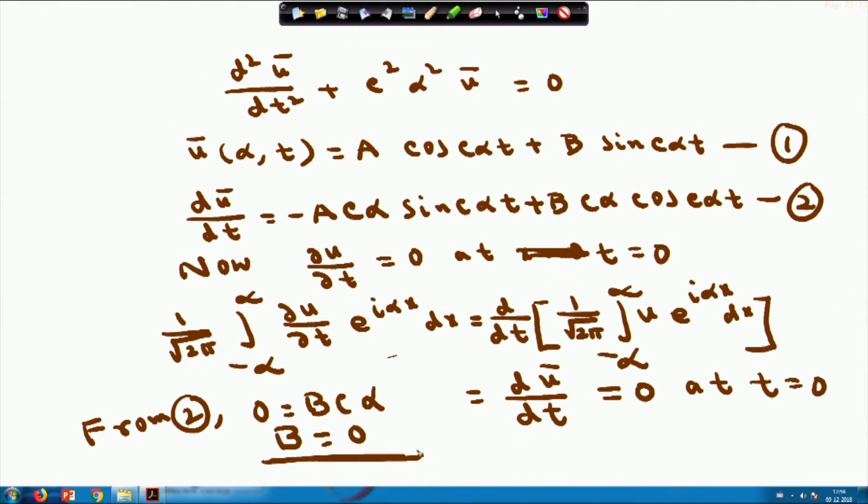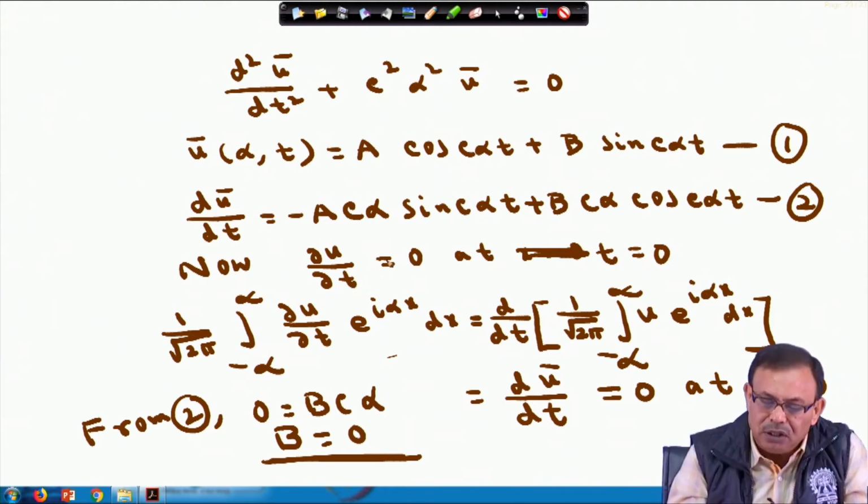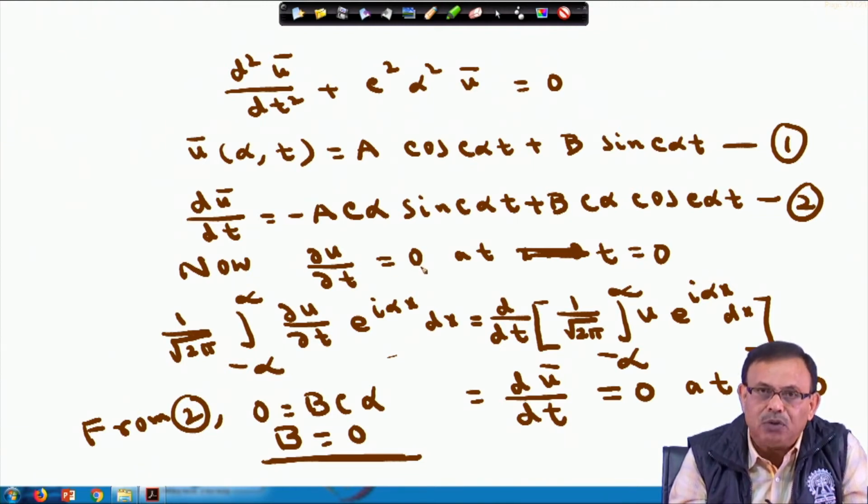So, one value of the constant you got: b equals 0. So, you see, directly the condition was not there. You have been provided only with ū equals this, which is the given condition 1. From here I am finding dū/dt, and then I am taking ∂u/∂t equals 0, which is known to me at t equals 0.